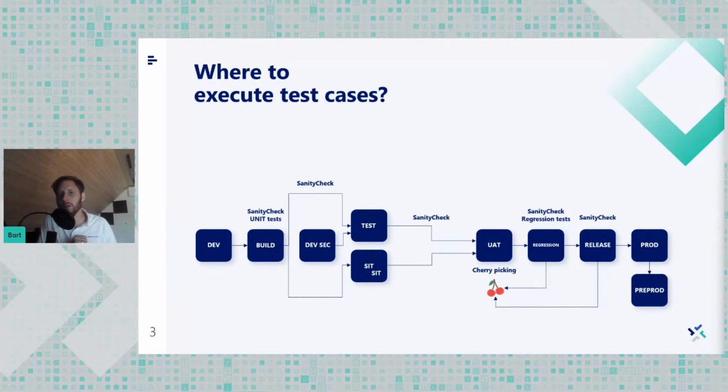If your partner is not ready with your full application, but they are ready with just a part which is sealed, which can be moved as a cherry, this is the moment where you pick the cherries, because they are ready and they can be picked and moved to the environment of the further releases, the release and pre-prod.